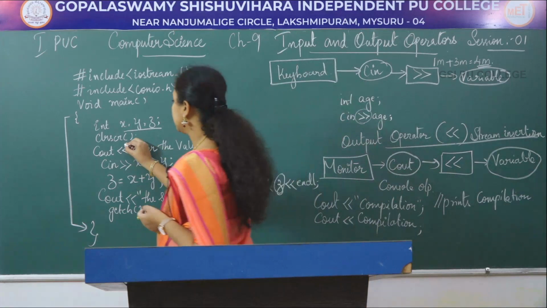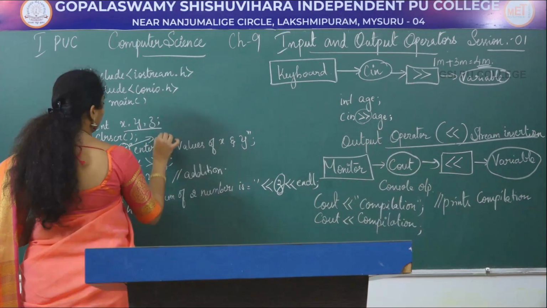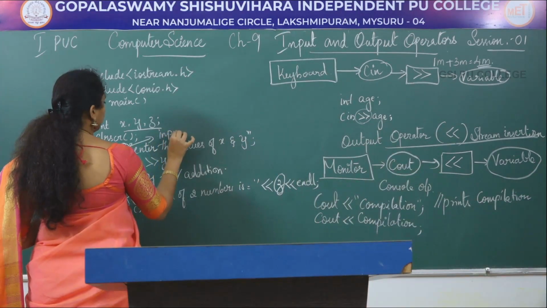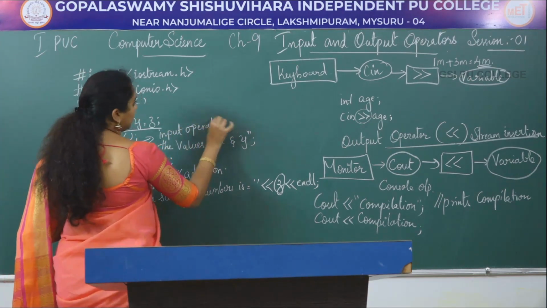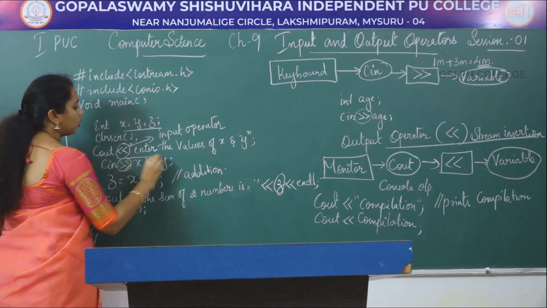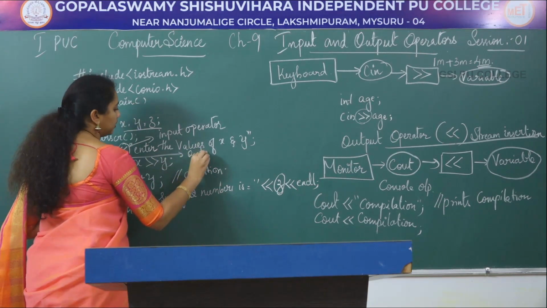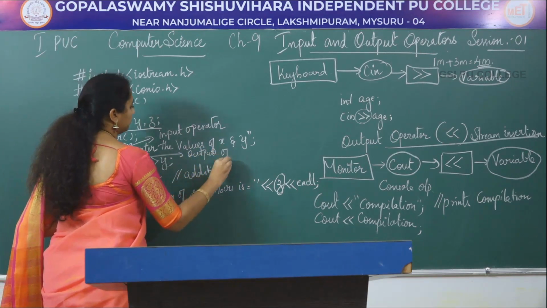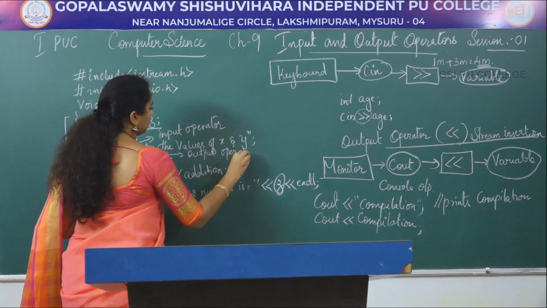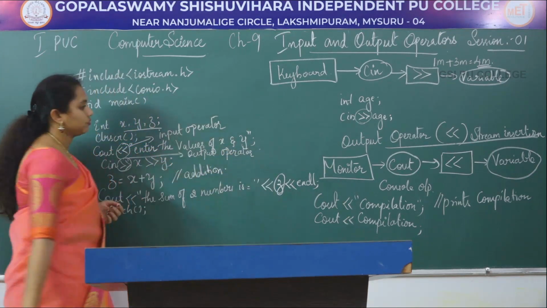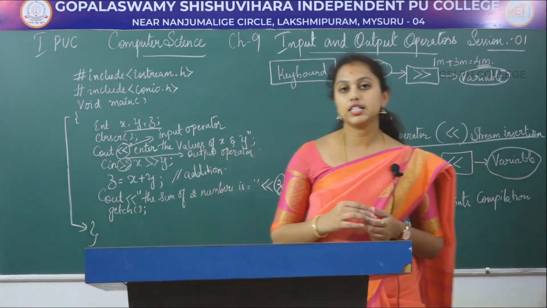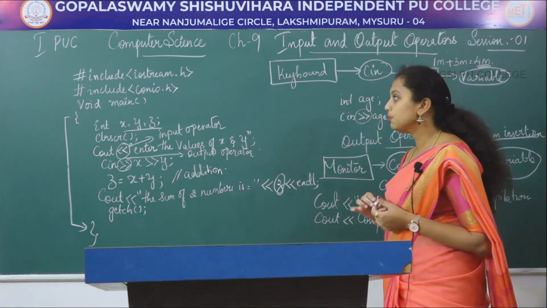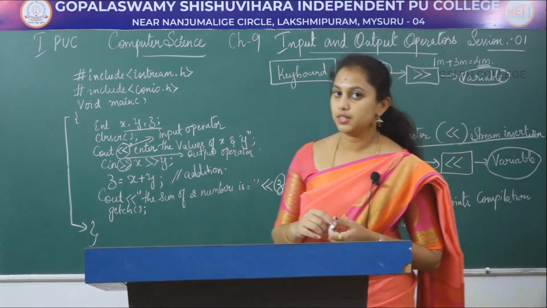So this is the input operator and this is the output operator. Hope you understand how to write a simple program to perform addition of two numbers.